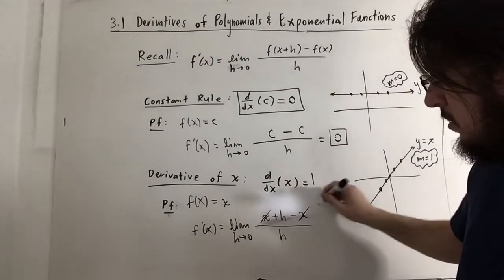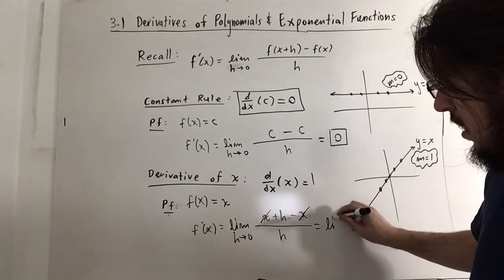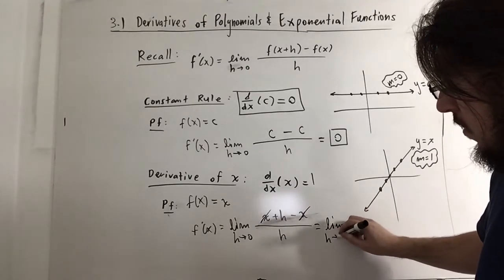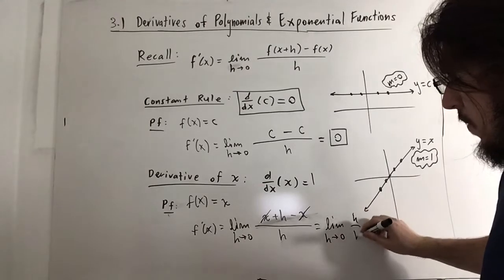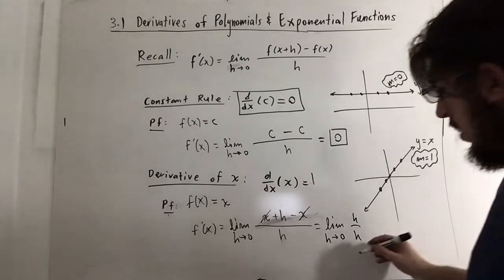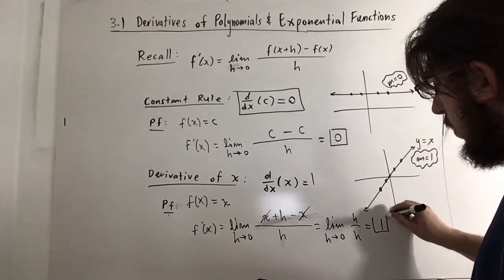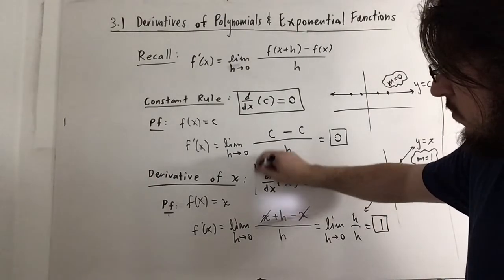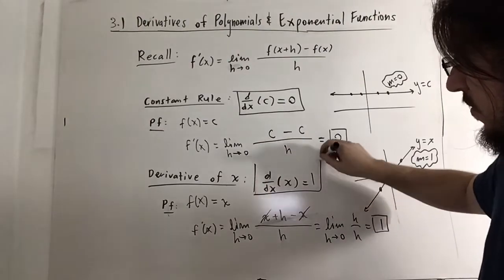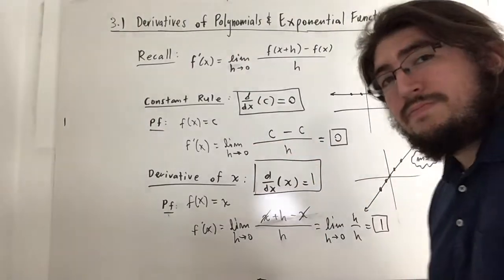Notice the x's cancel, so we get h over h. This is limit as h goes to 0 of h over h. But since h over h reduces to 1, this is just the limit as h goes to 0 of 1, which would itself be 1. So that proves this rule. For derivative of x, the derivative is just 1.